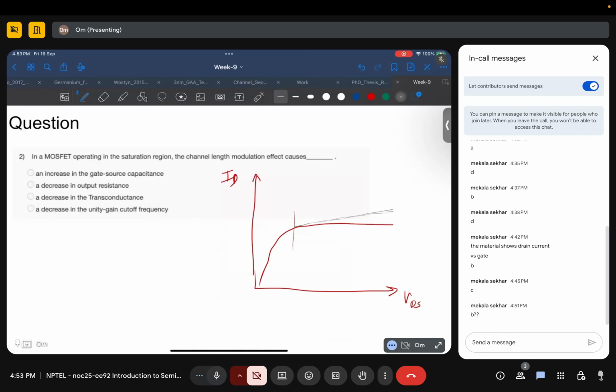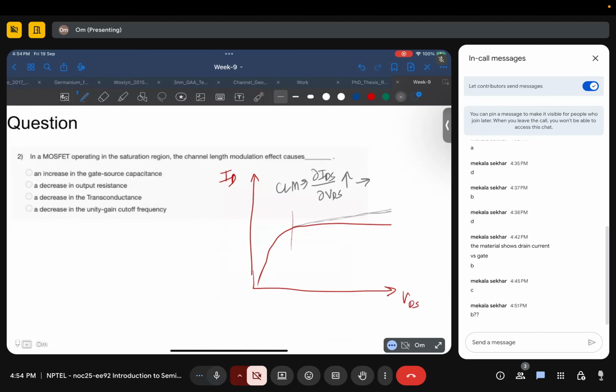So what we want is del IDS by del VDS to be low. But here del IDS by del VDS increases due to CLM, channel length modulation, which in turn means the output conductance increases or output resistance decreases. So it is option B, a decrease in output resistance.